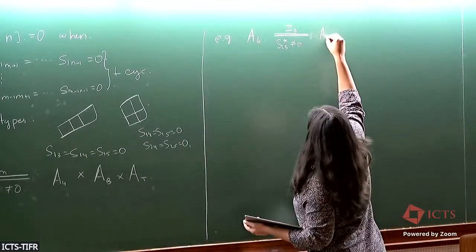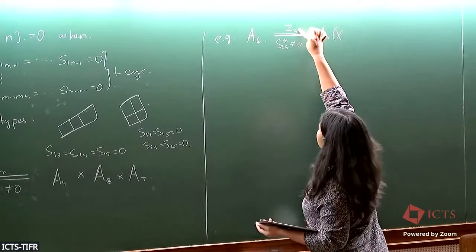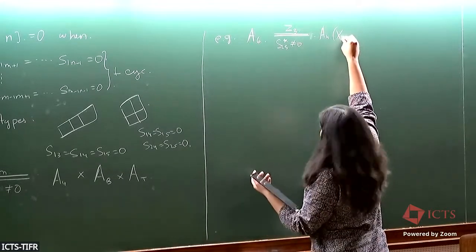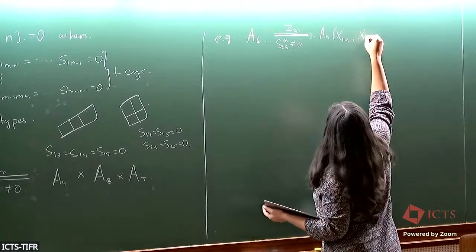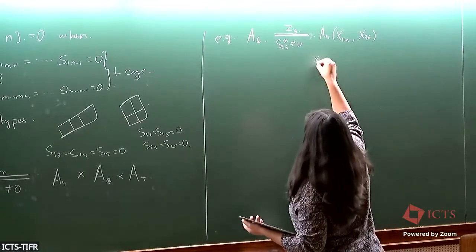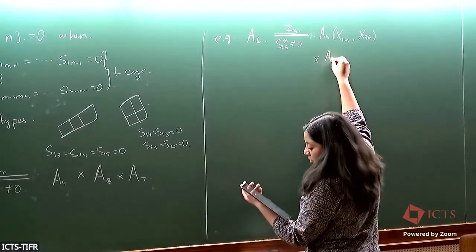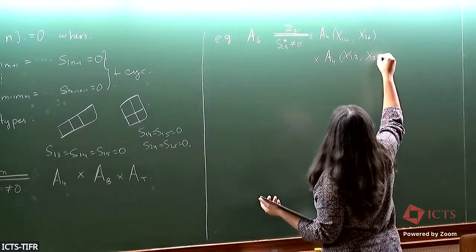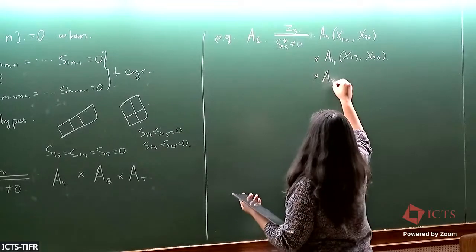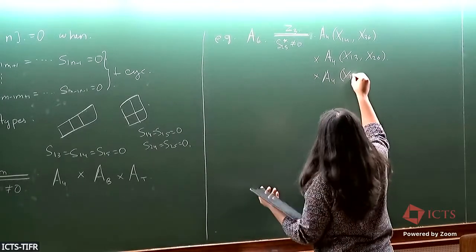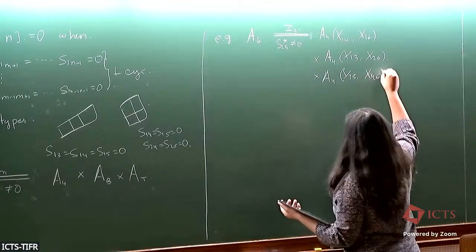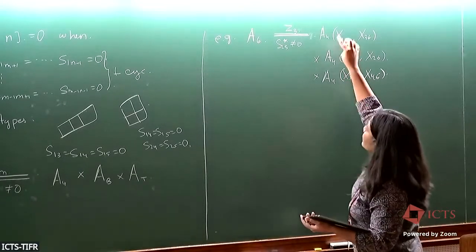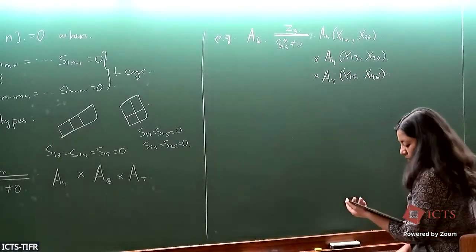So the first A4 only depends on what type of 0 you are. So it's always going to be 1, 4, 3, 6. And then in this case, A bottom and A top are both 4-point amplitudes. So you get 1, 3, 2, 6. And A top is 3, 5, 4, 6. And all of these are trace phi cubed amplitudes.